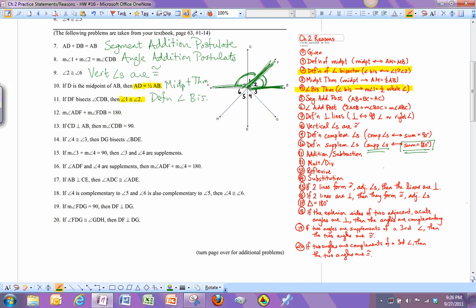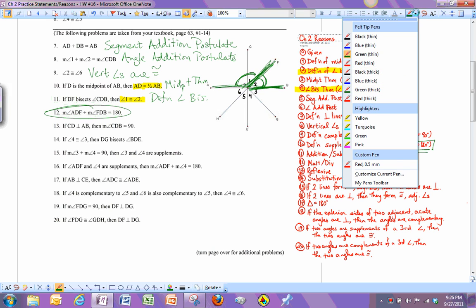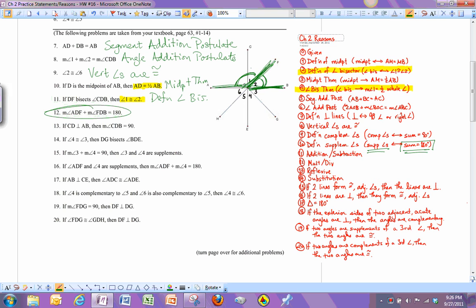We don't have the word supplementary appearing anywhere over here. So this one is a different reason. If you look at it, we're adding two angles next to each other and getting the big angle. But since the big angle, ADB, is 180, you just write the 180 there. So add two angles together to get the big angle. That's the angle addition postulate.